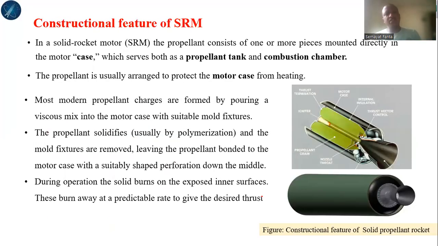So in solid rocket, now we are coming to the constructional features. The 5 important sections which we have discussed are the motor case, the insulating material, the propellant grain itself, the igniter, and the nozzle. Let me give numbers for these. Motor case 1, internal insulation 2, then propellant grain 3, igniter 4, then nozzle 5.